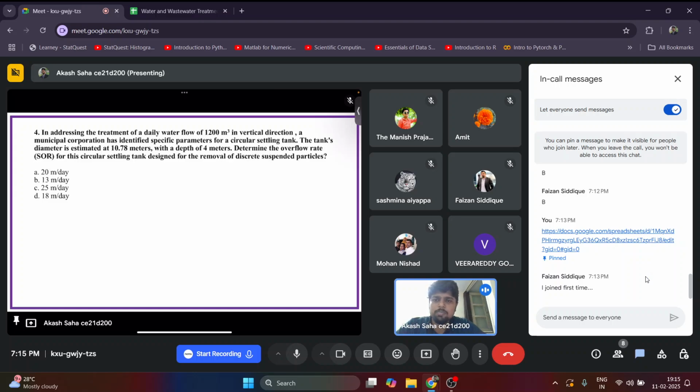So we have the volume, the daily water flow is given, and we also have the diameter and the depth. Now we have to determine the overflow rate, or the surface overflow rate called SOR, for this circular settling tank designed for the removal of discrete suspended particles.